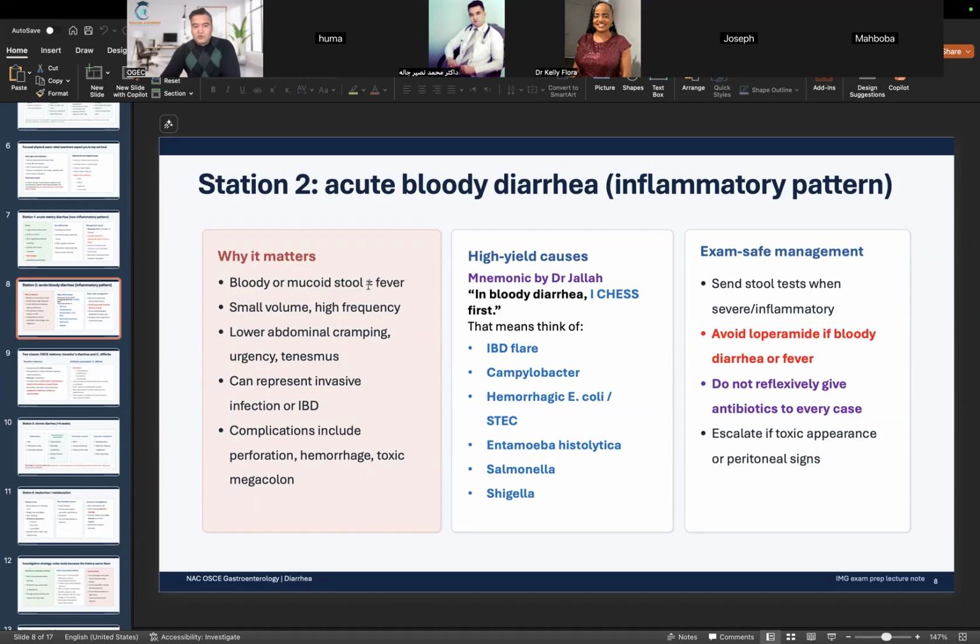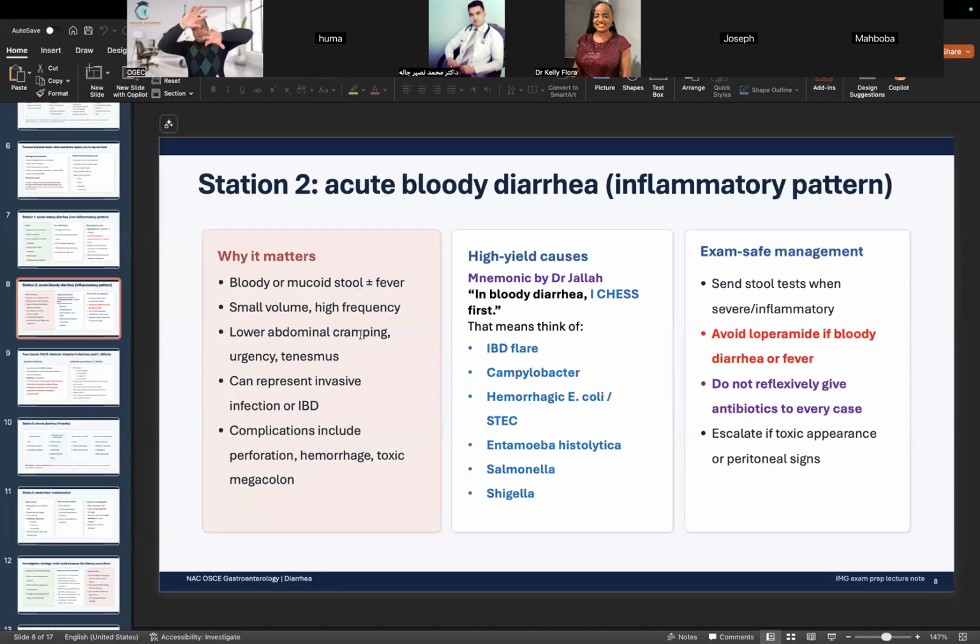Okay, so why it matters? Blood or mucus in stool, plus or minus fever, small volume, high frequency. This is small but more frequent, so it can come from the colon. Lower abdominal cramping, so this will be in the lower part of the abdomen as opposed to the small bowel, which will be above the belly button.